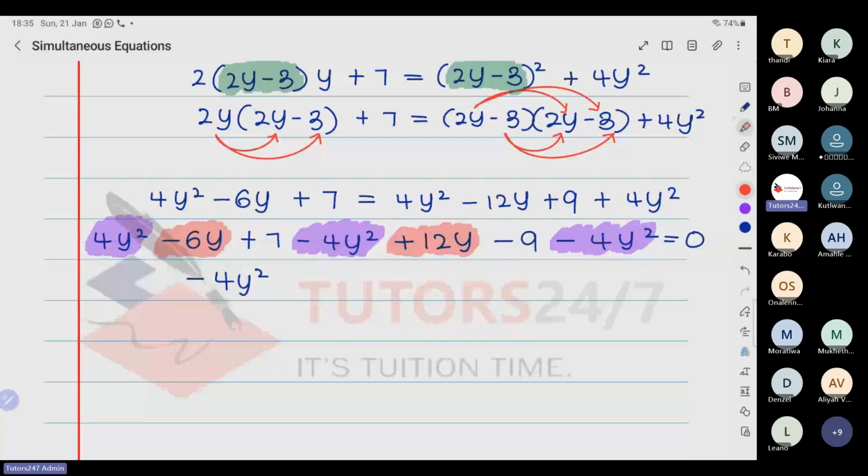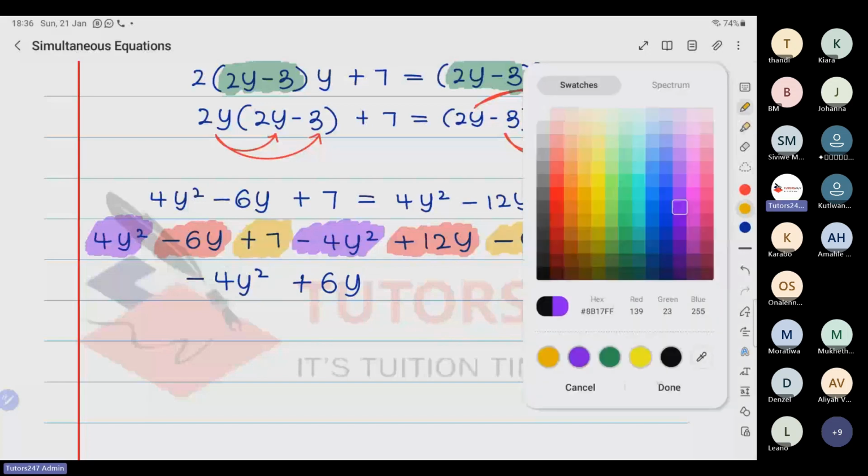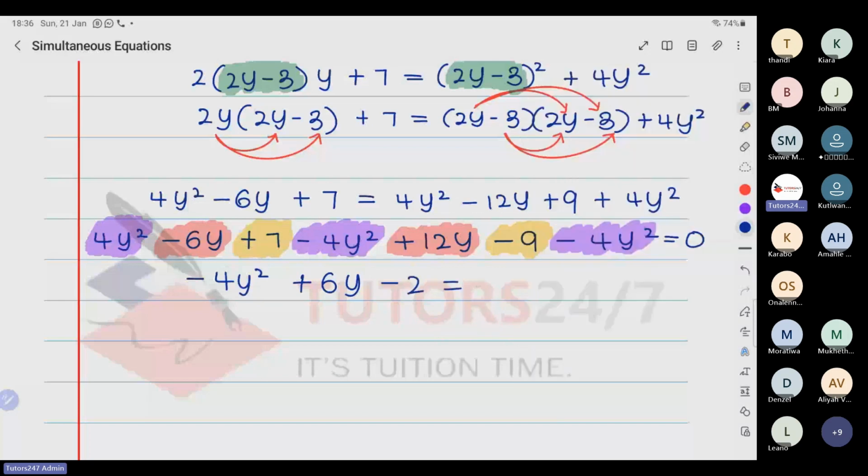So -6y plus 12y, 12 minus 6 is 6, bring down the variable. So plus 6y. And lastly, we have these constants. Keep in mind, constants are values with no variable. So those constants, 7 minus 9, that is -2, and that's equal to 0.